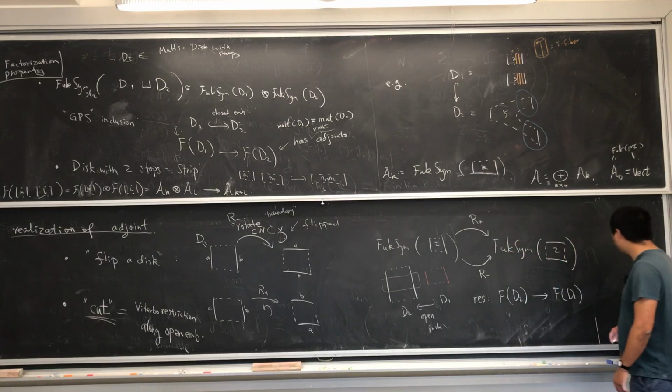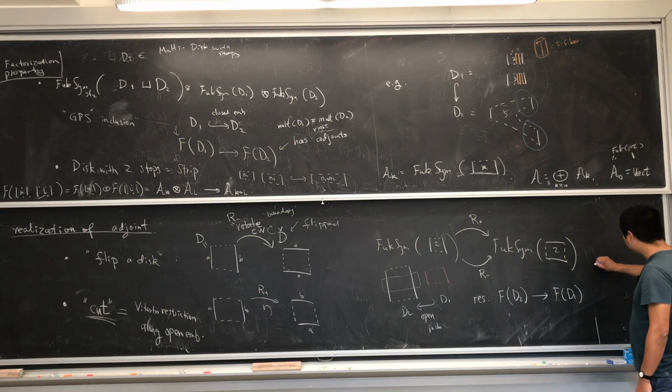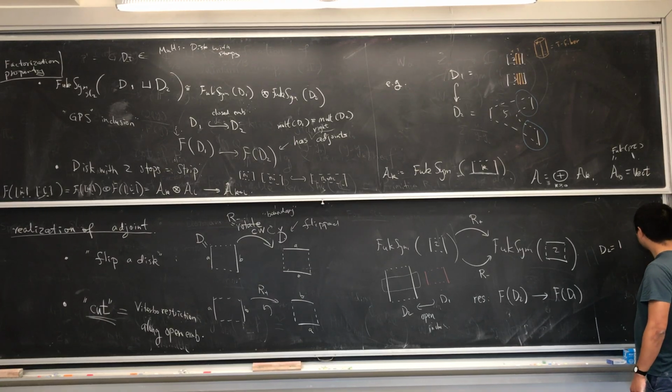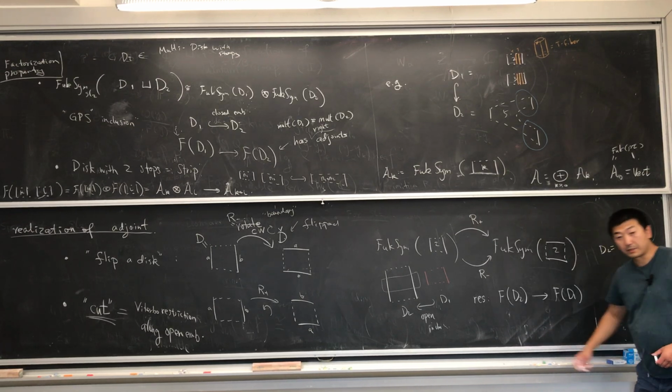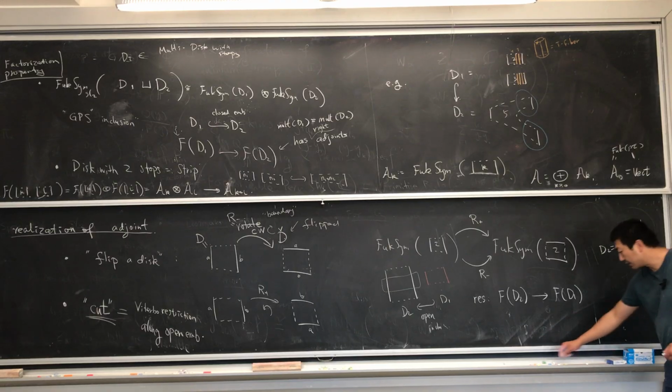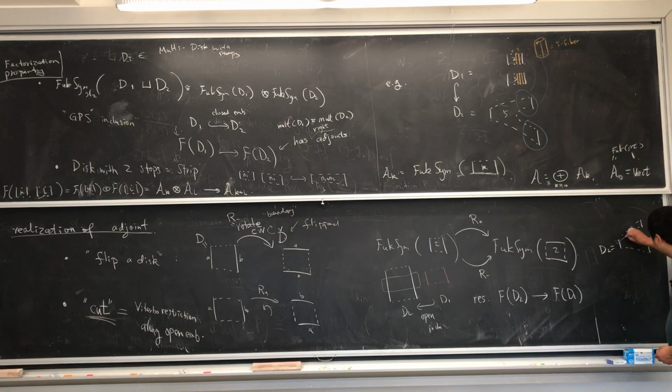For example, say D2 is this kind of disk with 3 stops, and I can consider an open subset, the union of these 2 pieces. They're open subsets. So call that union D1. Right.